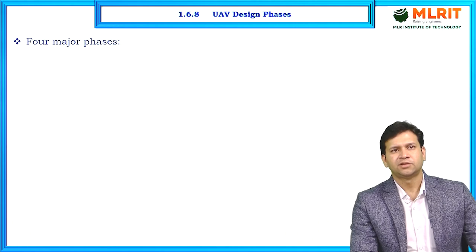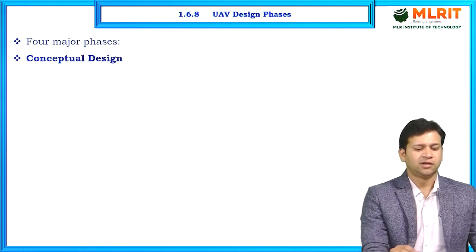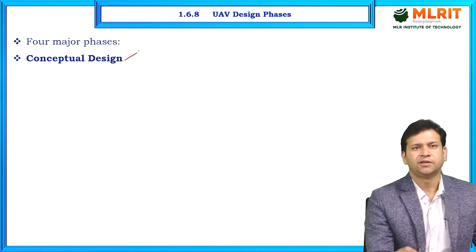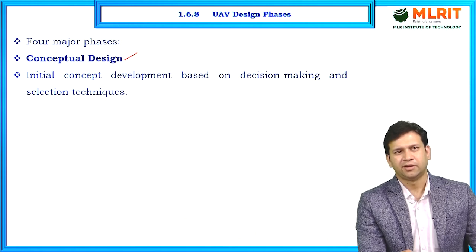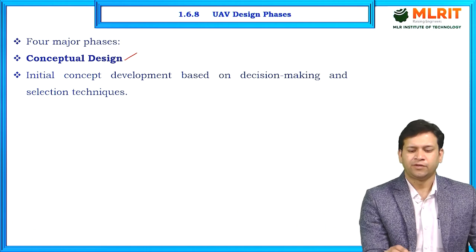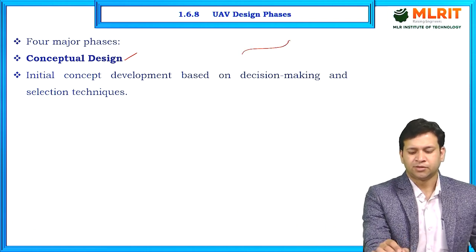UAV design phases, basically there are 4 major phases of unmanned air vehicle design. The first one is conceptual design. Here in this conceptual design, an initial concept is developed based upon decision making and selection techniques. During this conceptual design phase, a rough sketch will be drawn, like suppose how my unmanned air vehicle will look like.